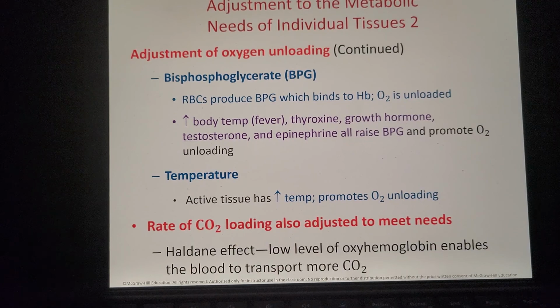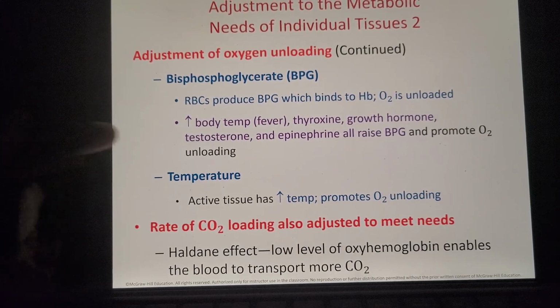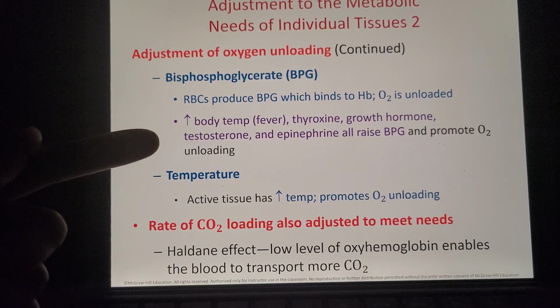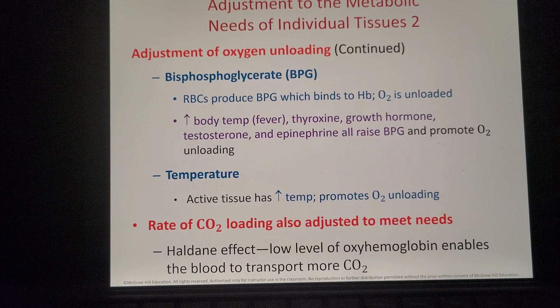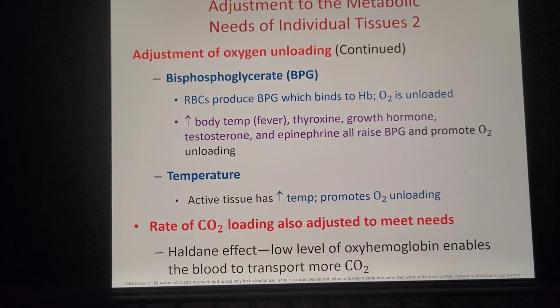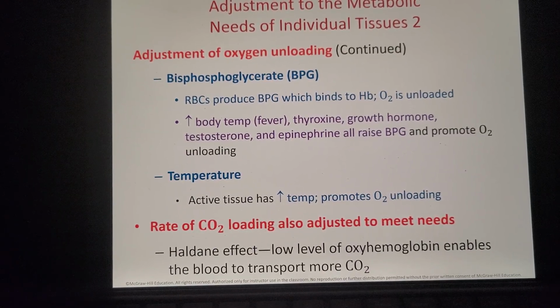The reason why we would have increased levels of BPG is, let's say you have a fever, increased growth hormone, so of course you're more active there, testosterone levels, which can also increase your body activity, and epinephrine. Remembering our fight or flight, our sympathetic nervous system stimulation causes the release of epinephrine, so your tissues are going to be even more active. That's also going to kick more oxygen off of hemoglobin so you can use it.